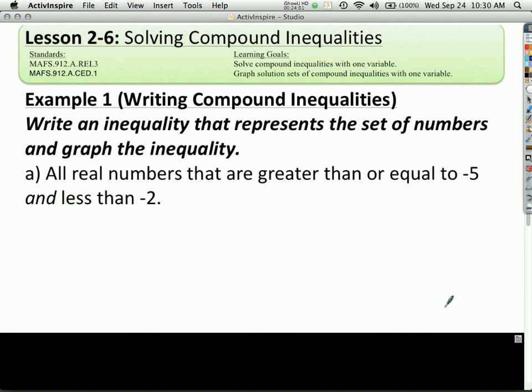So the first thing we need to do is figure out if this is an and or an or.